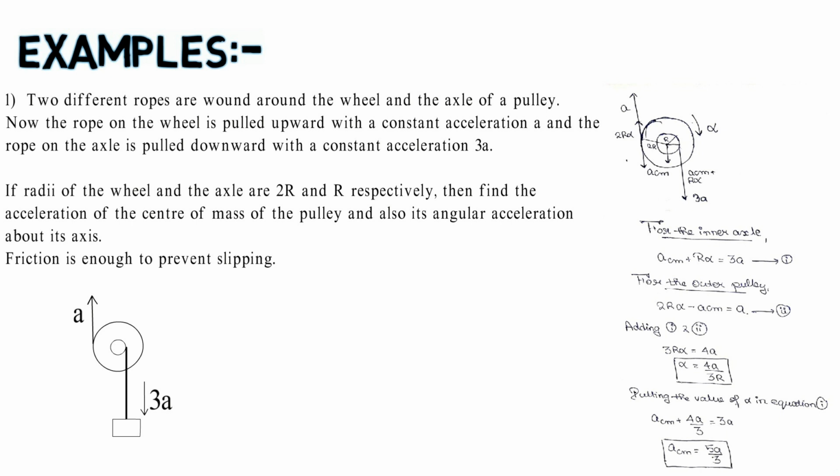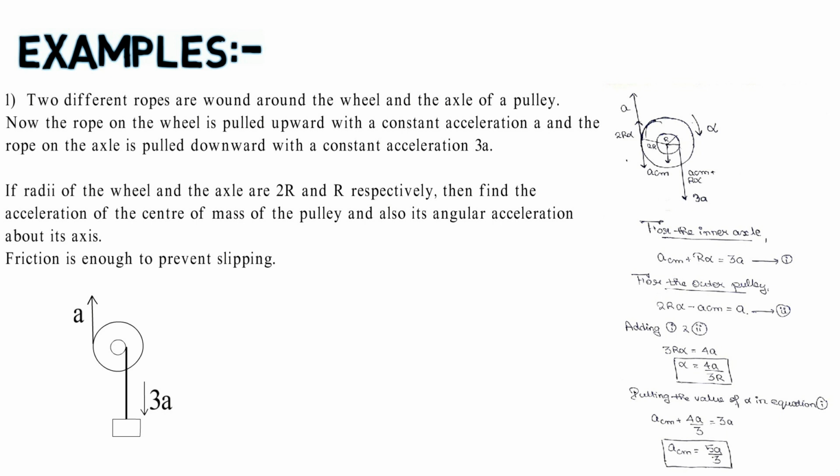And now we can simply solve these two equations by adding. We will have 3rα = 4a, so α = 4a/3r, and if you put the value of α in the equation, you will eventually have a_cm = 5a/3.